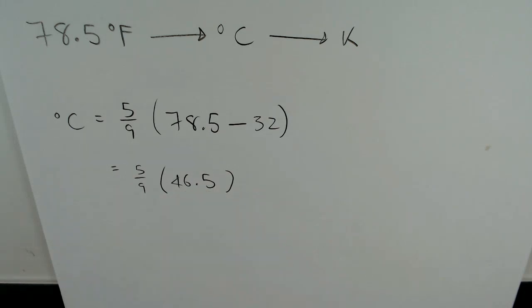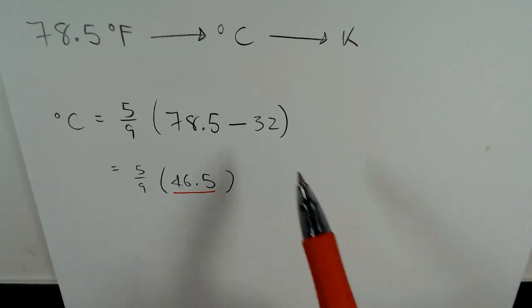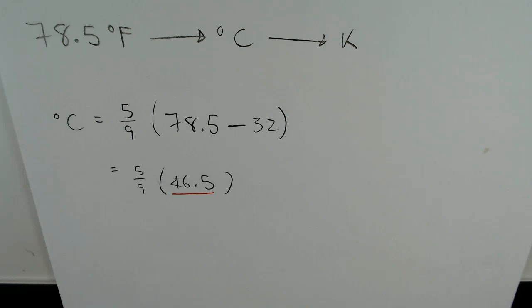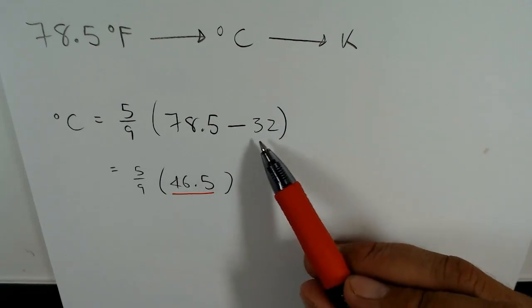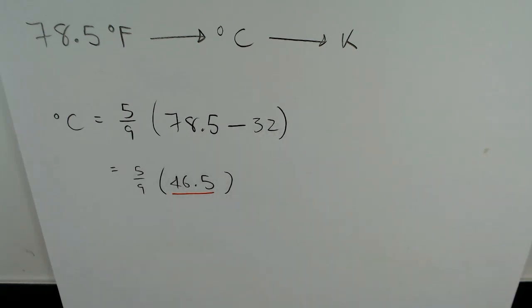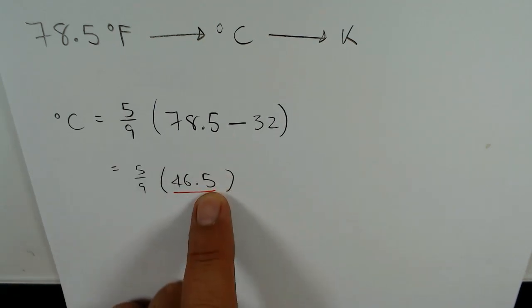It's 3. Yep. So we are doing a subtraction, and that rule states number of decimal places. And how many decimal places does this 32 have? It has infinite. It's an exact number. So that's exactly 32. So we have 1 decimal place, 1 decimal place.